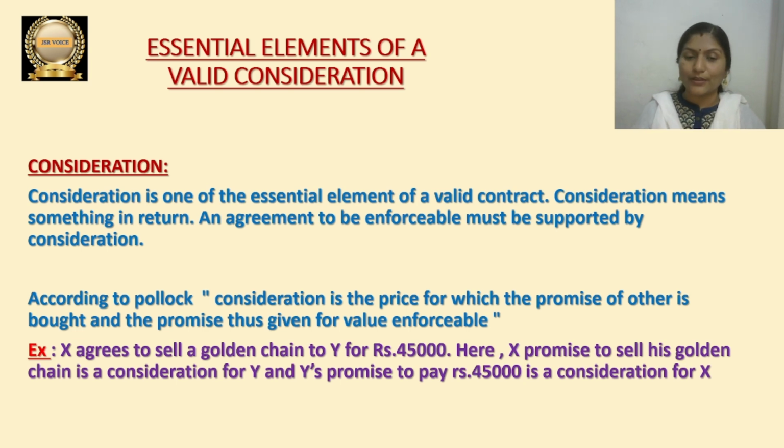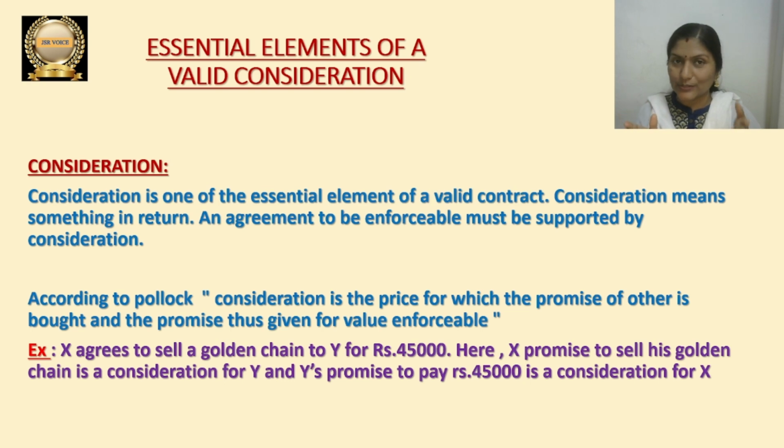Okay. So next let us take one example here. So what is that example? X agrees to sell a golden chain to Y. So X is one party. X is entering into an agreement with Y that X wants to sell his golden chain to Y. X is ready to sell his gold chain to Y. And for how much price? 45,000.